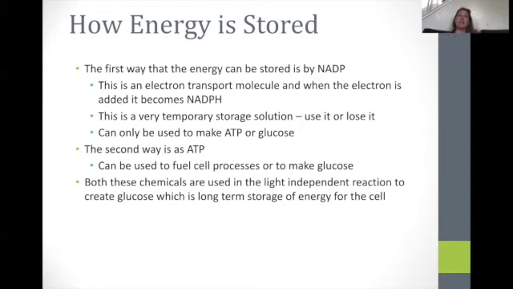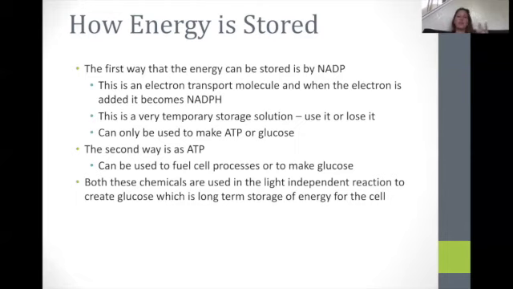NADPH is a temporary energy storage unit that shuttles that hydrogen, and we consider the hydrogen and the bond associated with it our energy. It shuttles that to the next place where we can make ATP or we can make glucose, which is a sugar. The second, and the best way, like I said, our currency of movement and activity, is ATP.